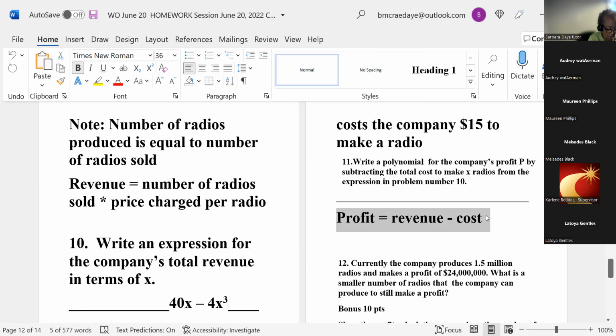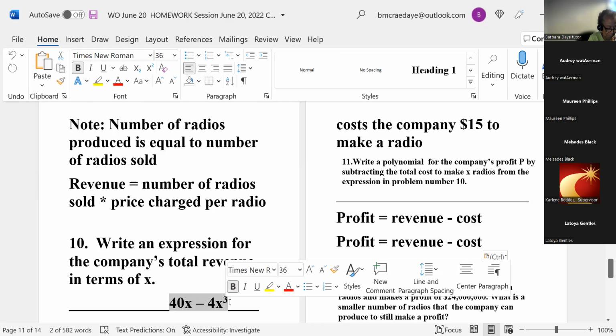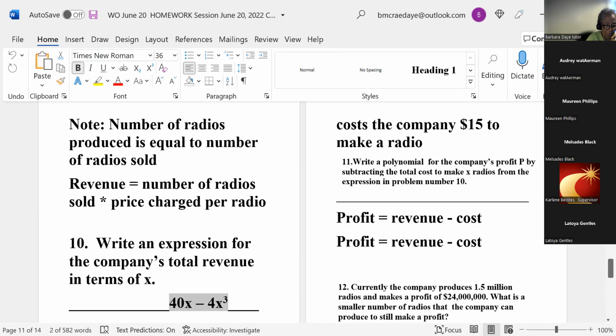Let me copy that and put in the numbers. The revenue is 40x. Let's just copy this. That's the revenue. So let's put that here.